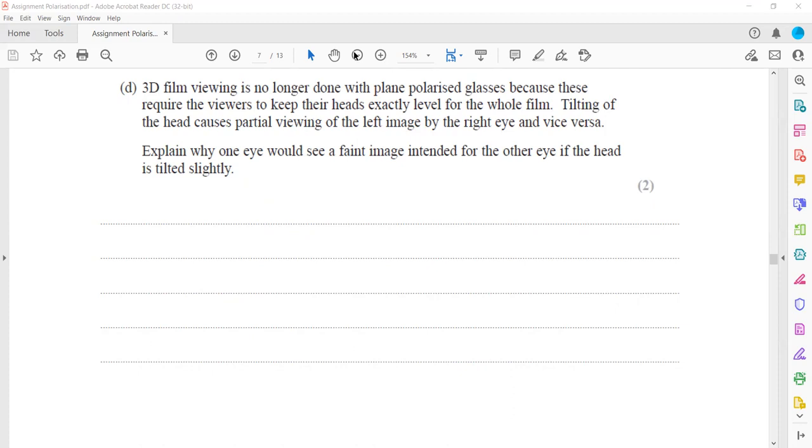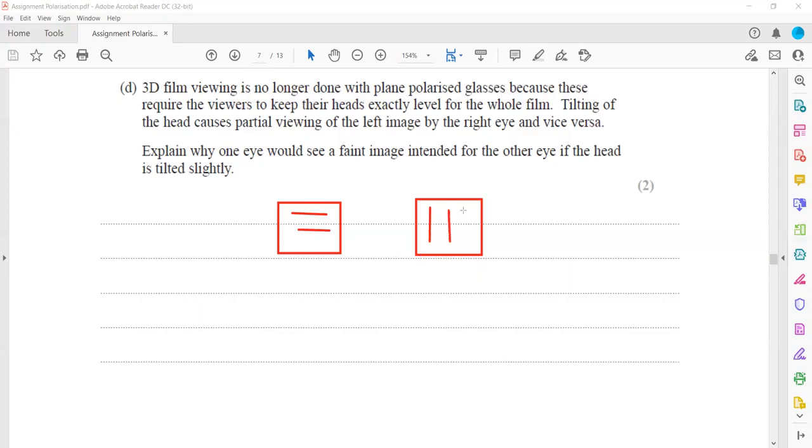This is also a constraint. When we are using 3D glasses, the head should not be tilted; it should be exactly level for the whole film.